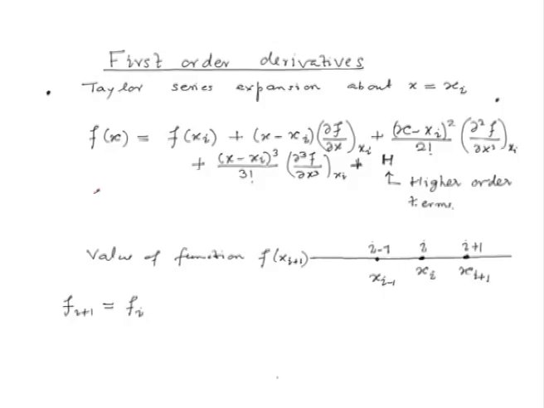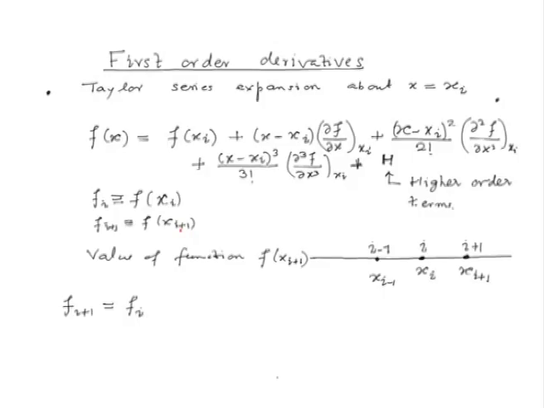Let us recap the shorthand notations which we have introduced earlier. fi stands for f of xi. fi plus 1 we would use in place of the function value at the node xi plus 1, and so on.